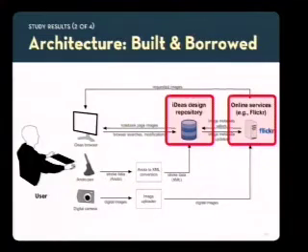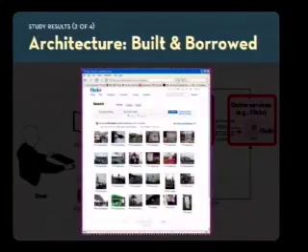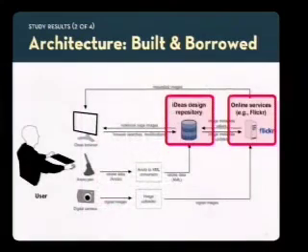And so in response to that, the new architecture integrates Flickr directly into the ecology. So digital images are stored on the Flickr servers. And later, images and metadata are accessed through the Flickr API and displayed directly in the Ideas browser.